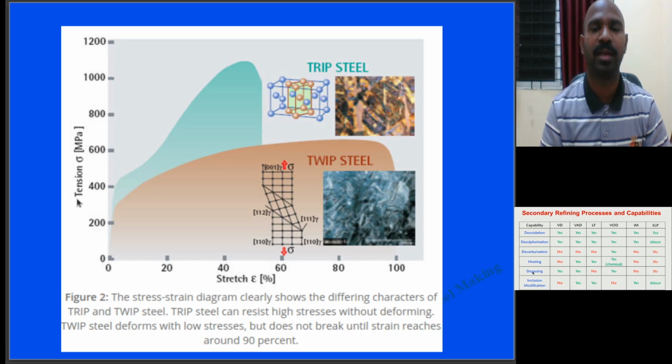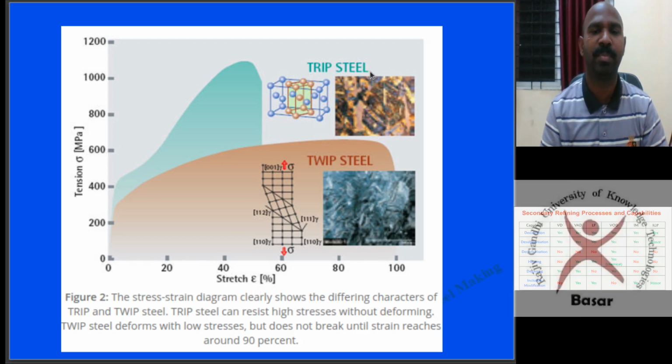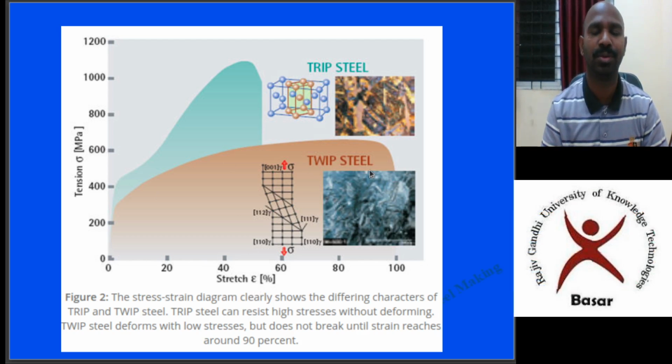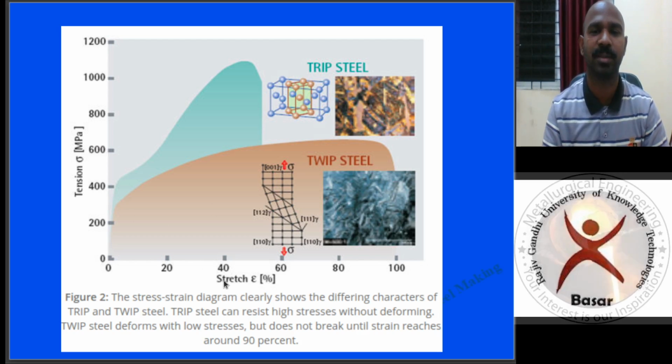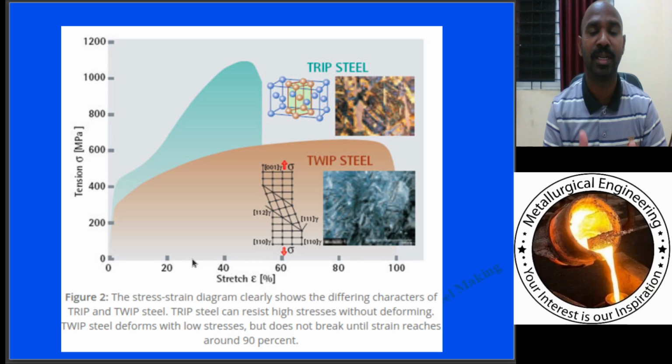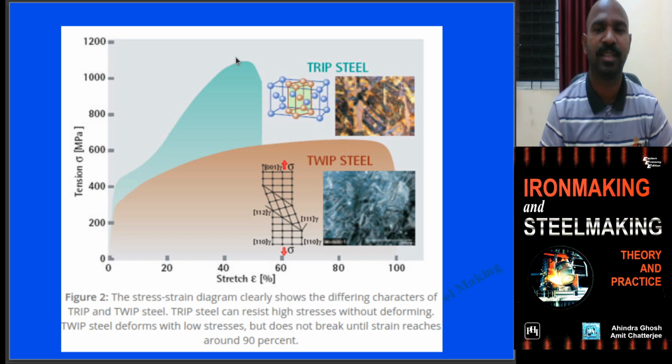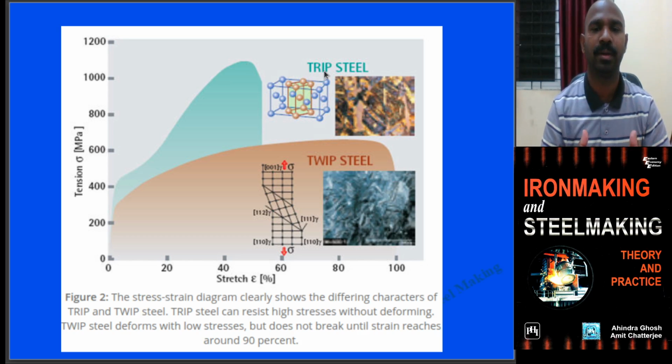This is a stress strain diagram comparison for the transformation induced plasticity steel and twin induced plasticity steel. This is tensile stress, this is stretch due to the elongation. See, the area under the curve for the TWIP steel is higher, but the yield strength is higher in the case of TRIP steel when you compare with the TWIP steel.